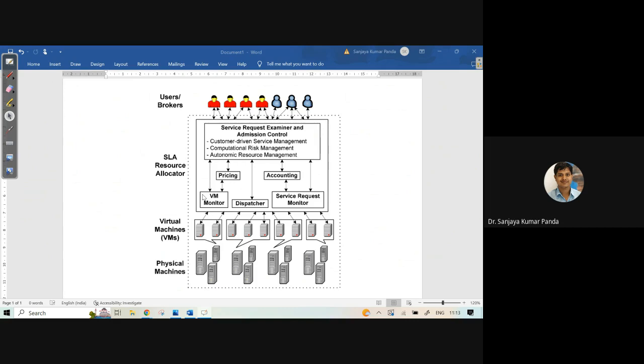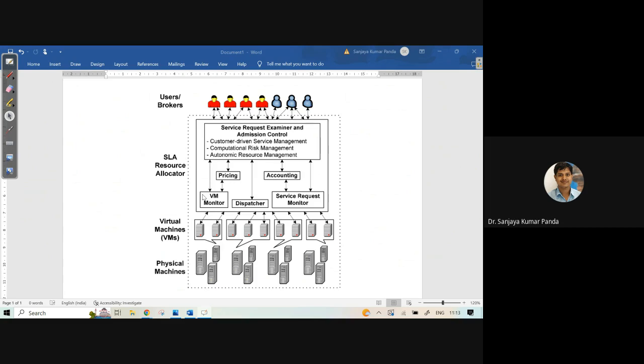The virtual machine is with respect to the cloud service provider. Who takes care of the virtual machine? Your provider only, right? But there is another unit that is called the service request monitor. Suppose thousands of requests reach a cloud service provider. Which service request is running?